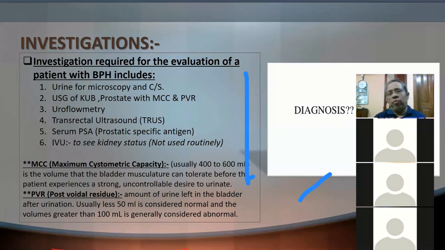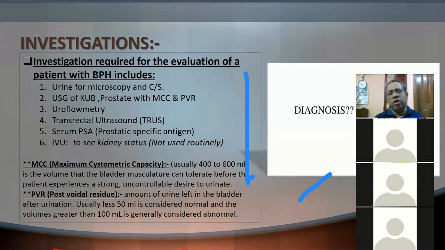Then IVU. Nowadays, IVU is not needed all the time for diagnosis of BPH. It is needed to see the renal function and anatomical delineation. For that reason, nowadays it is done very, very rarely.